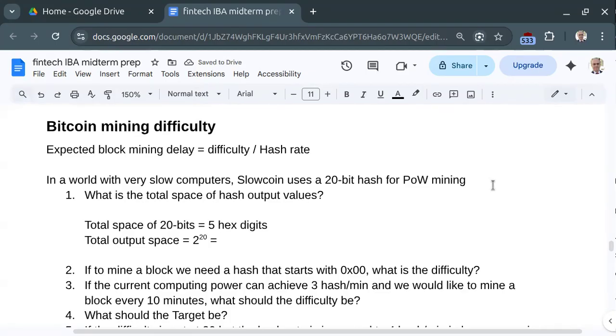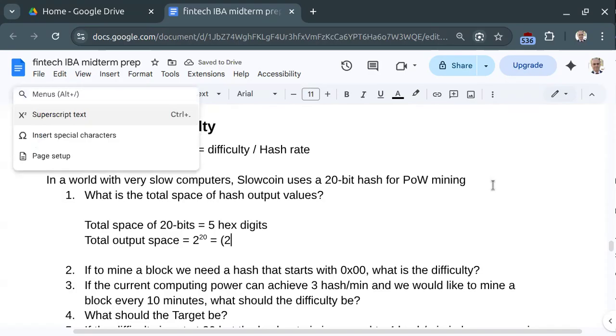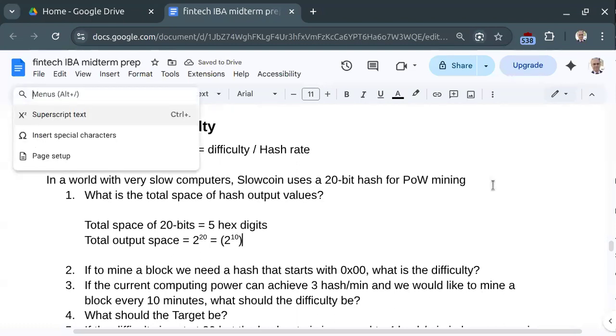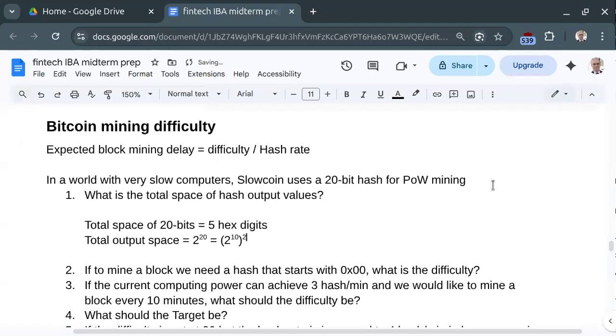Which, if you remember, the first thing you need to do is put it in terms of 2 to the 10, because that's the one we know, 2 to the 10, and this whole thing squared, which is basically 1024.